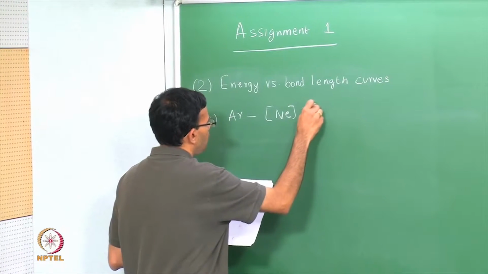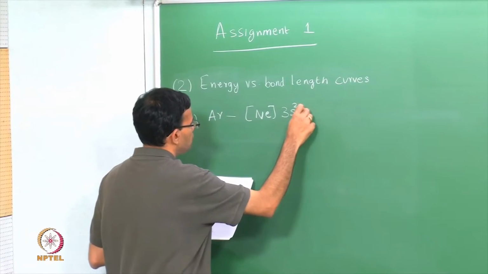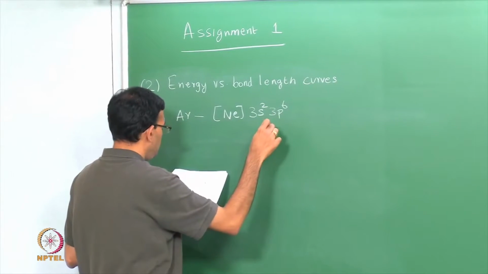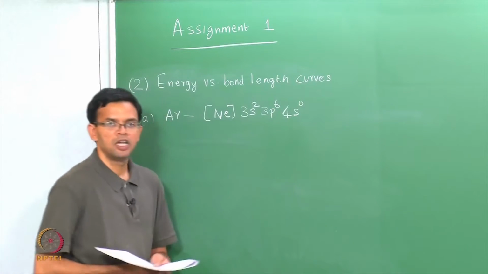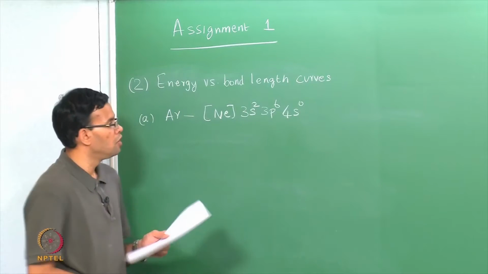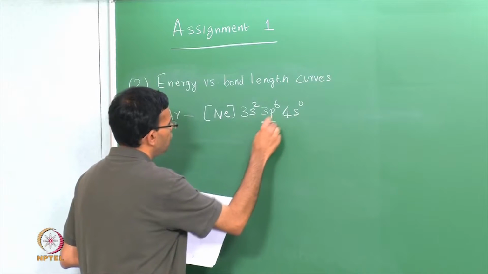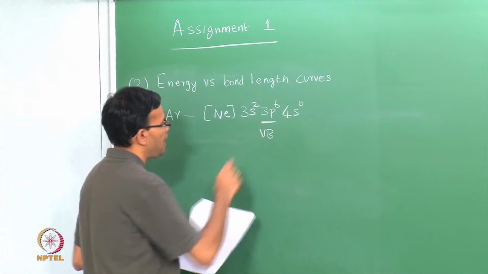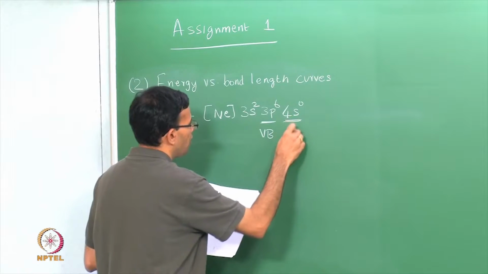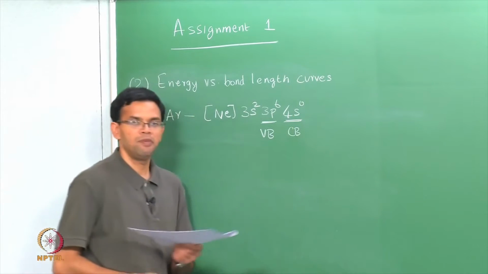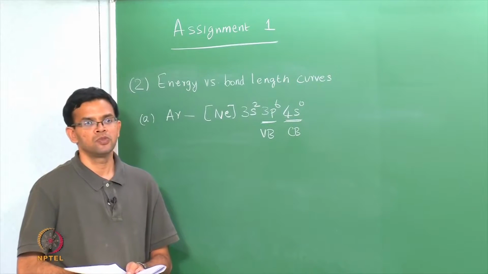Neon followed by a 3s2, 3p6, and then the next higher level is empty. So, 4s0. 3p would form your valence band and 4s would form your conduction band, and there will be a gap between these two.